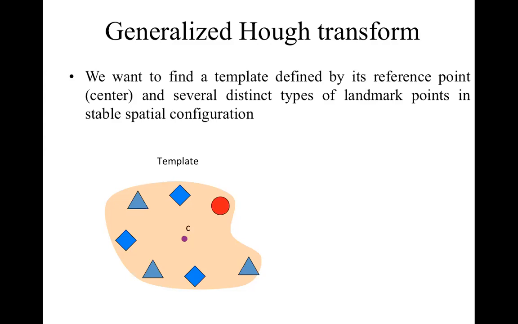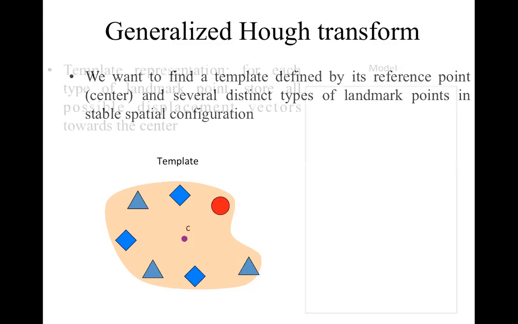For example, maybe you want to find a square, and as features, distinct types of landmarks in a square, you have four corners, and each corner will vote for the center of your square.